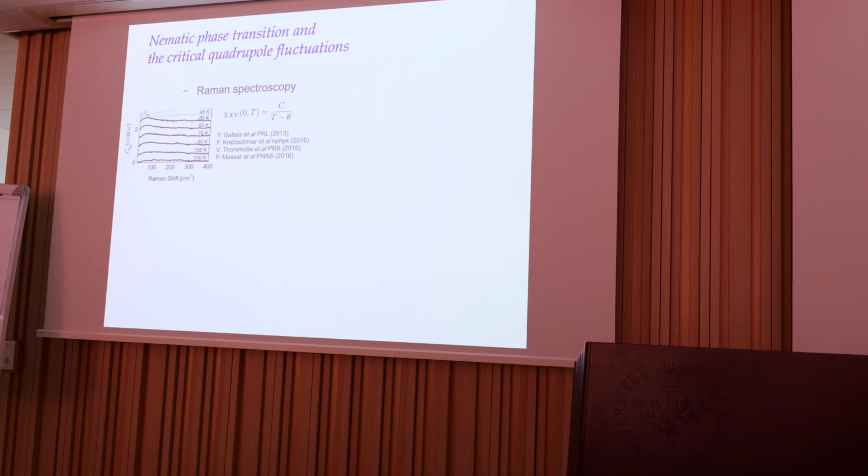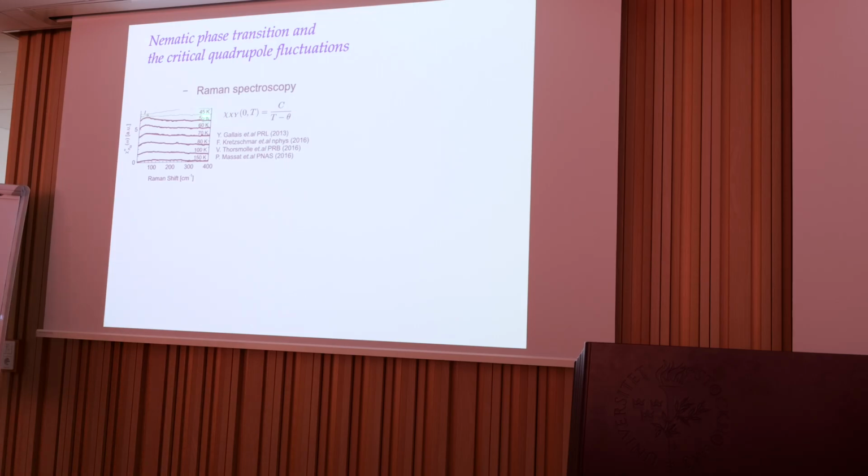And experimentally, this is the focus, this is why I wanted to put this in the context of this conference, this quadrupole response can be measured experimentally, as far as I know, in 4 ways.